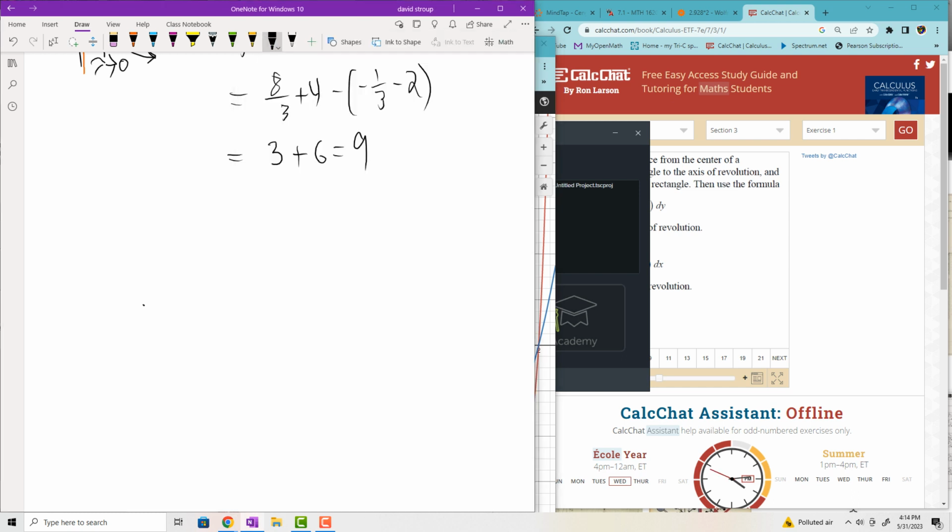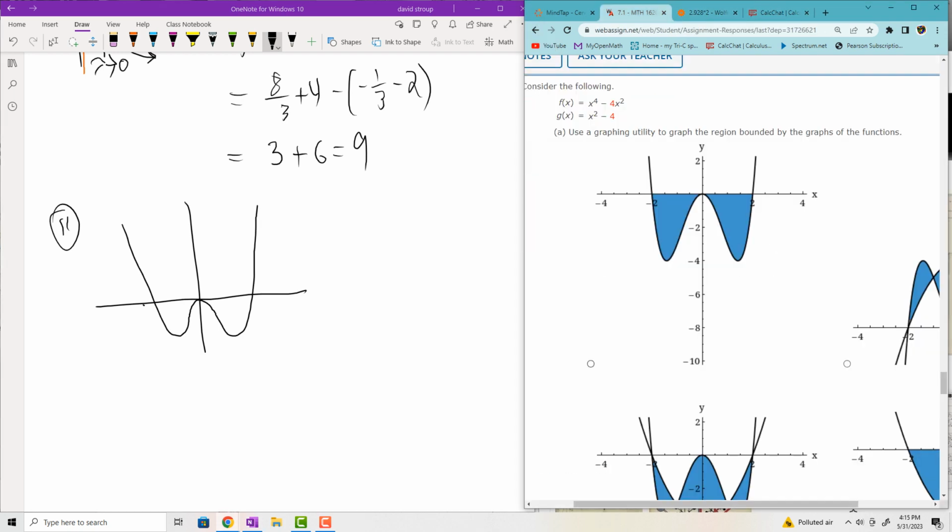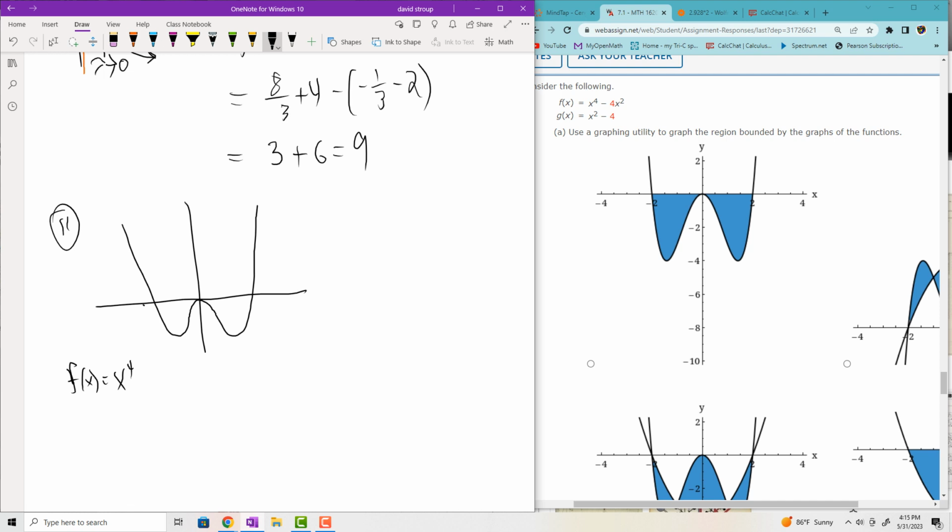And over here in my notes, number 11, it looked like that thing was going down and then bouncing off the x-axis and then going back up. Okay, the two curves, f of x equals x to the 4th minus 4x squared, and g of x is x squared minus 4.